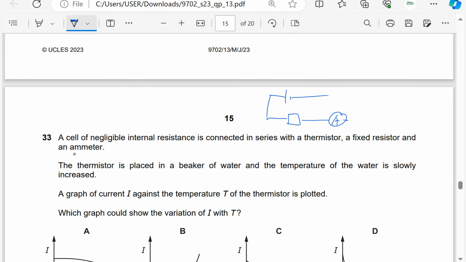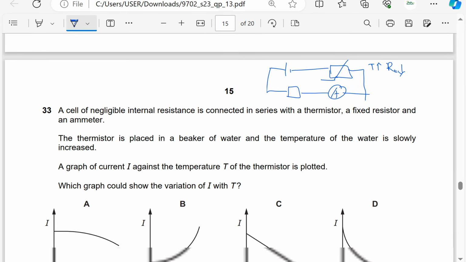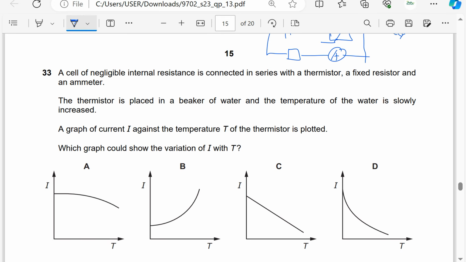There's an ammeter, there's a thermistor. So the temperature is increased for the thermistor, so the resistance of the thermistor decreases. A graph of current I against the temperature T of the thermistor is plotted. Which graph could show the variation of I with T?